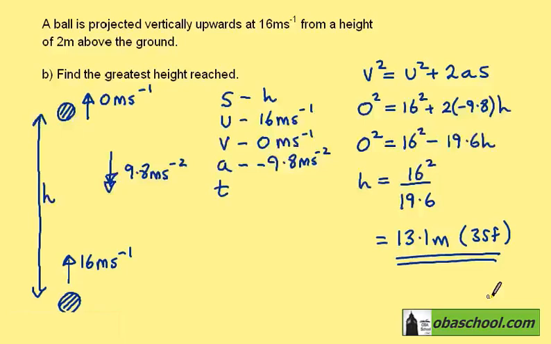This is the height above the point of projection. For the height above the ground, since the object was projected from 2 meters above the ground, the object would be 15.1 meters above the ground.